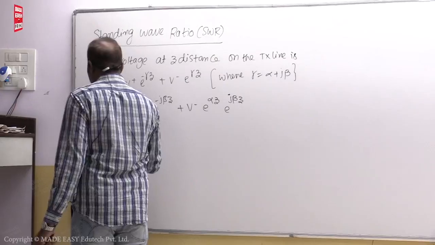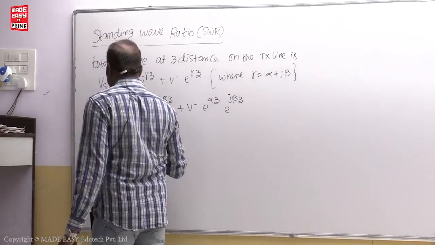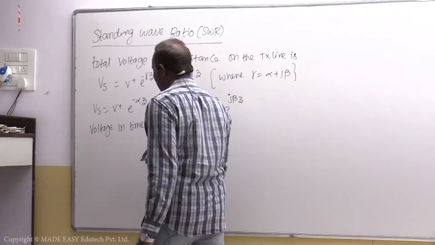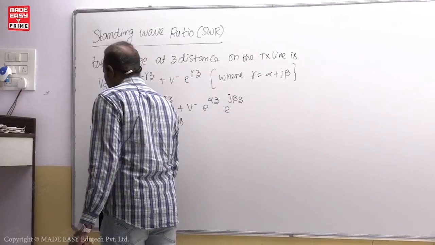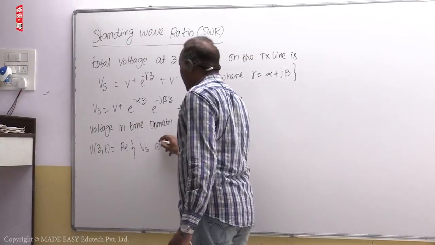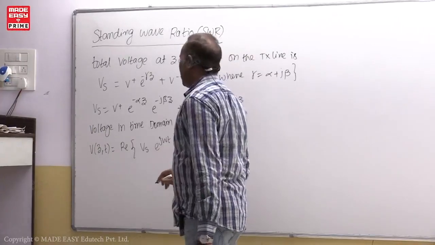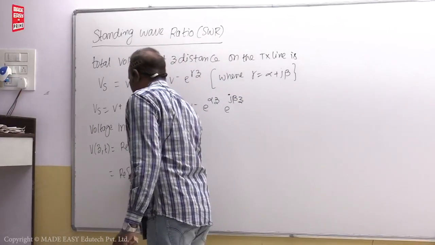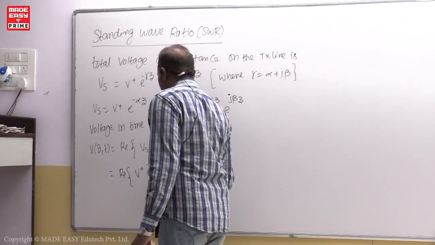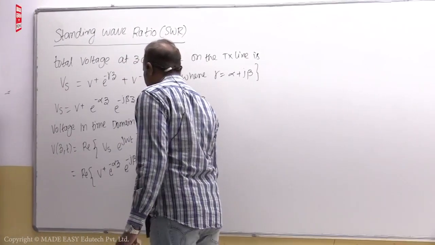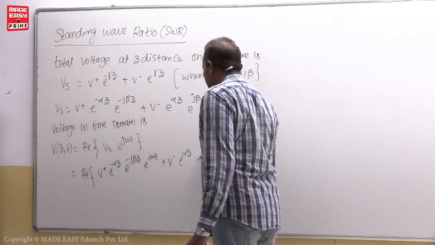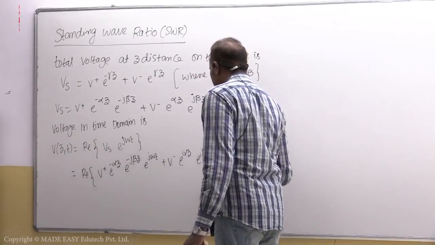So the voltage in time domain is V of z comma t equal to the real part of the steady state voltage multiplied with e power j omega t. So the real part of Vs e power j omega t is V plus e power minus alpha z e power j(omega t minus beta z) plus V minus e power alpha z e power j(omega t plus beta z).